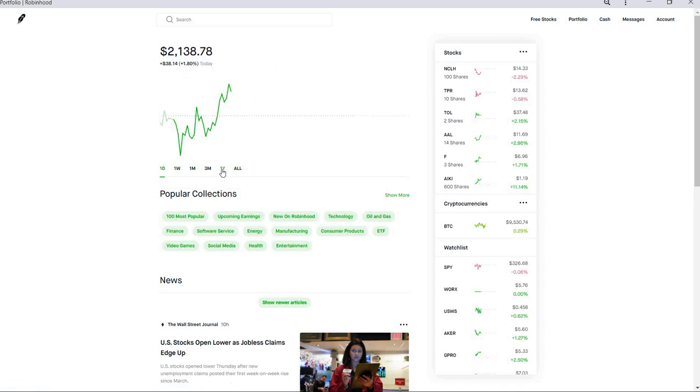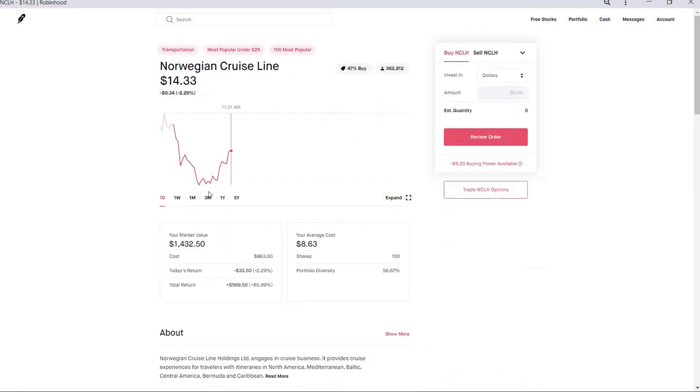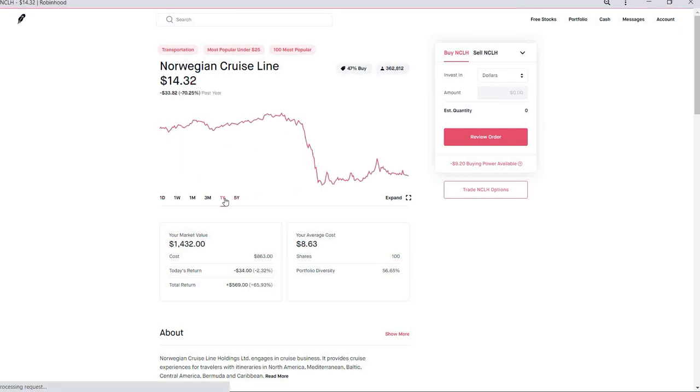If it gets back up to its normal trading price, which was around $50, I could make $4,000 or $5,000 on this one trade. So I'm just gonna wait and see.